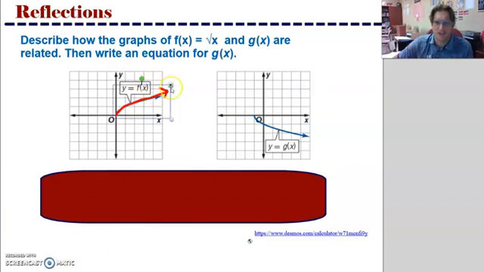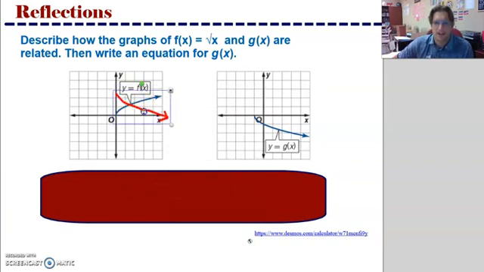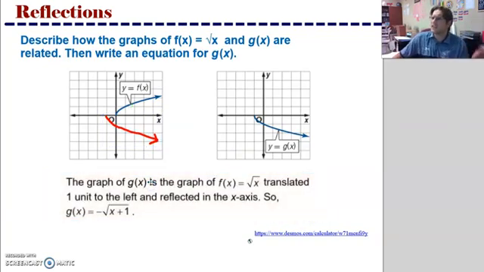Can we first flip this up and down? If I flip it over the x-axis, I would have a graph that looks like that. Now, does that match up with our original? Well, no, not yet. We need to do something else to it. We need to shift it to the left. So words-wise, you might say something like, I need to reflect it over the x-axis, and then I need to shift it to the left.